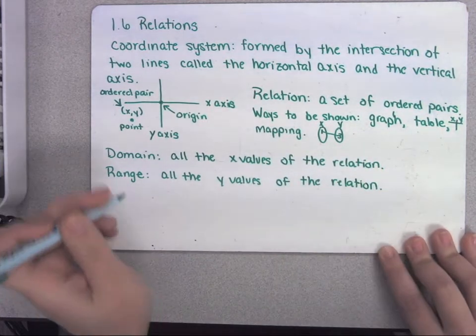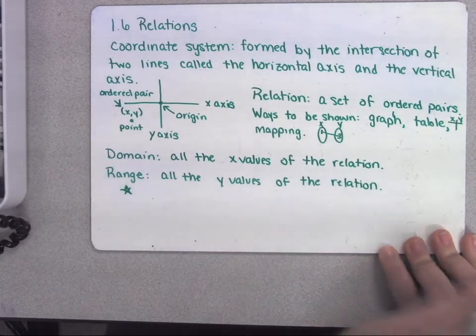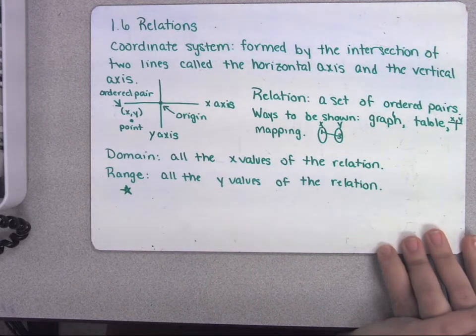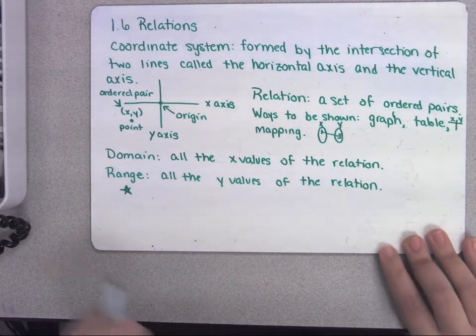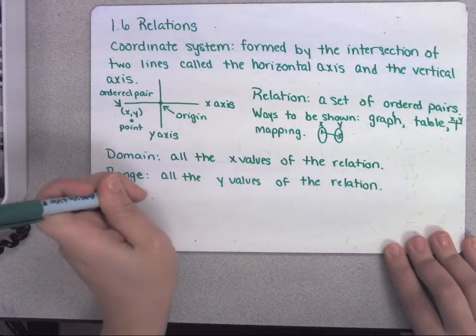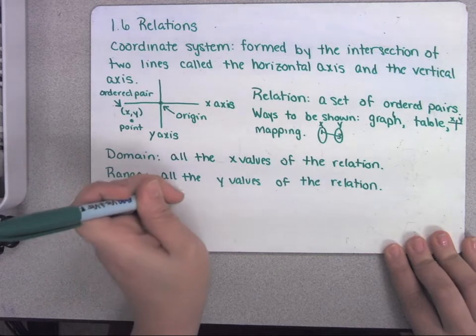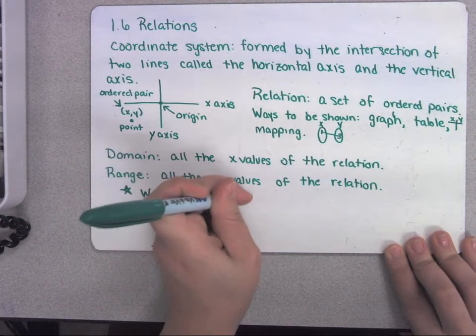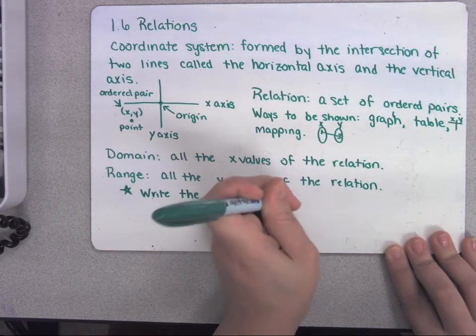Now these guys both have a really important rule. 2 rules actually. So put a little star. I'm going to make sure to remember. First part of the rule is we write our numbers in least to greatest form.